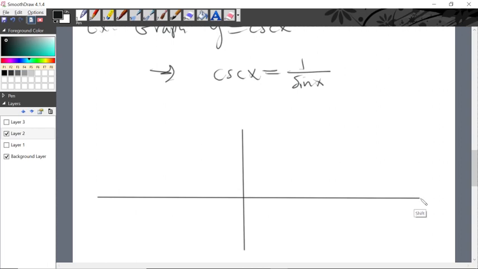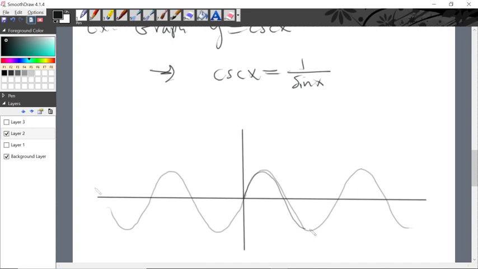Let's take a look at the sine curve, a basic sine wave. Here in black I have graphed y equals the sine of x.